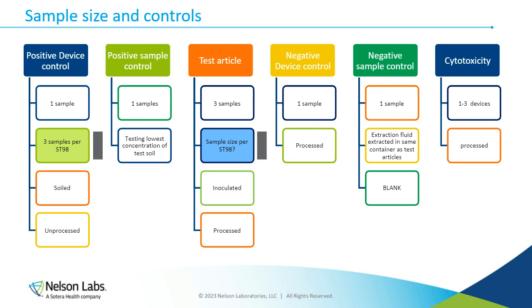Negative sample control is just a blank. It's just a water extract that shows that the assay that we did and the curves that we made were free of any interferences. And the cytotoxicity control is just determining any detergent residuals that were left on the device. Is it safe? It's answering the safety factor for that.